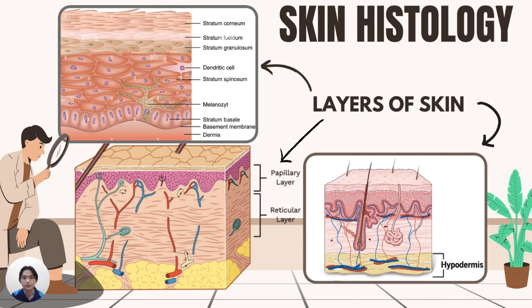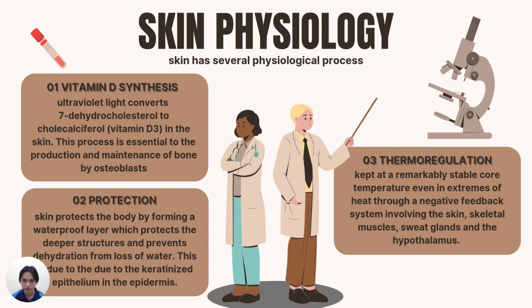These are the pictures as we can see: the epidermis, dermis, and hypodermis. In the hypodermis we can only see some arteries and veins and some fat tissue. It's hard to see other structures in it.